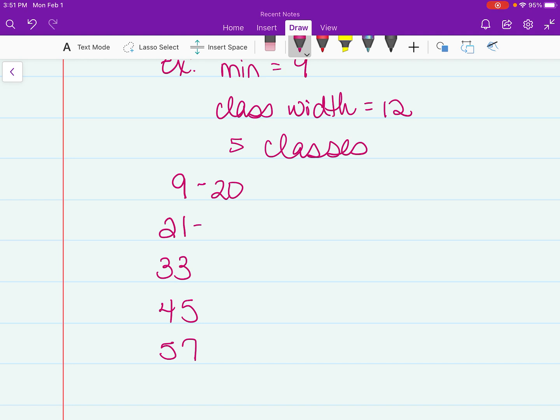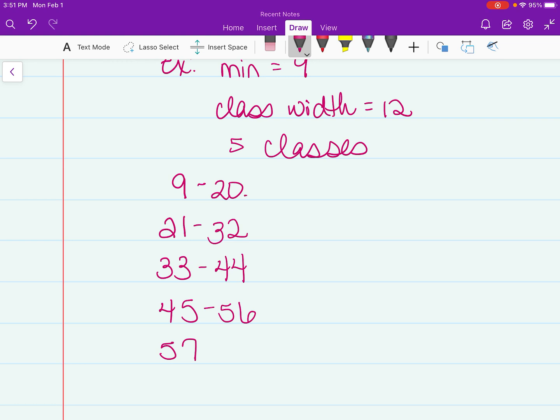That would make my second class upper limit 32. My next class upper limit 44. My next class upper limit 56. And you can see you're adding 12 each time to get the lower limits. You'll also see that it adds 12 each time to get the upper limits once you have the first one.